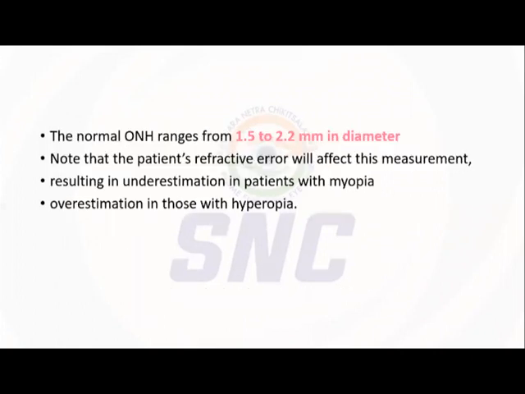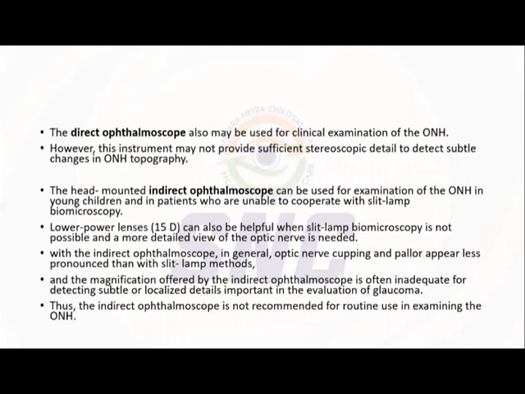The normal optic nerve head ranges from 1.5 to 2.2 millimeters in diameter, and the patient's refractive error will affect this measurement. In patients with myopia, underestimation can occur, and in patients with hyperopia, overestimation can occur.